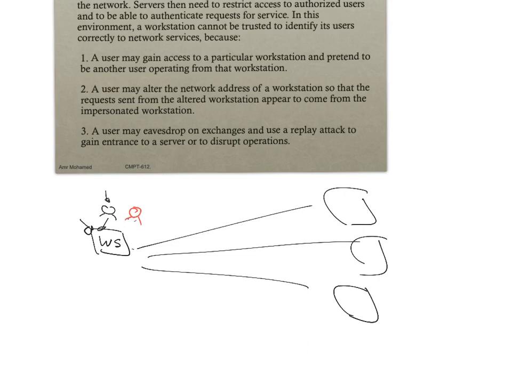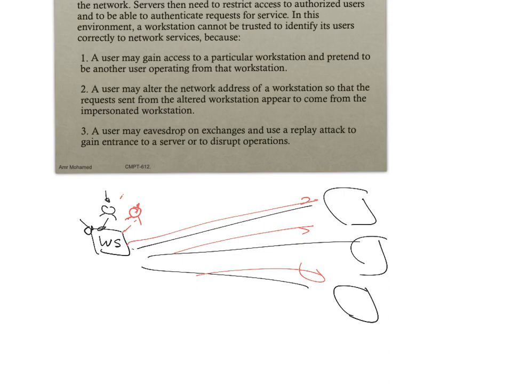He can try to somehow gain access to this workstation, either by breaking your user ID and password or something like this, and he can gain access to your workstation to try to impersonate himself as if he's you. And based on that, he can get access to this server as if he or she is that person.